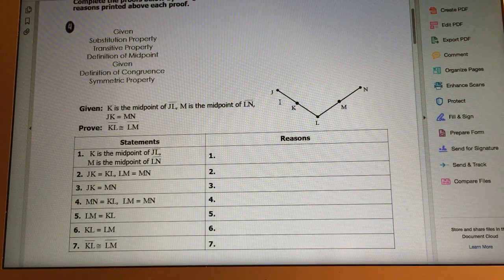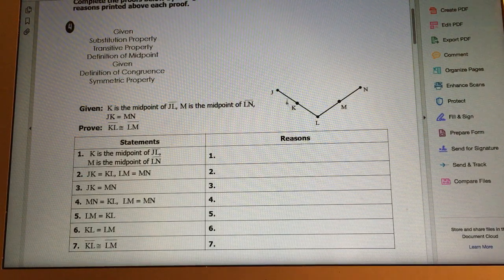So we should probably make some markings on here. So K is the midpoint of JL. Okay. So K is the midpoint, so we can say that JK is congruent to KL. And then M is the midpoint of LN. So M is the midpoint of LN, okay? So that means LM is congruent to MN.